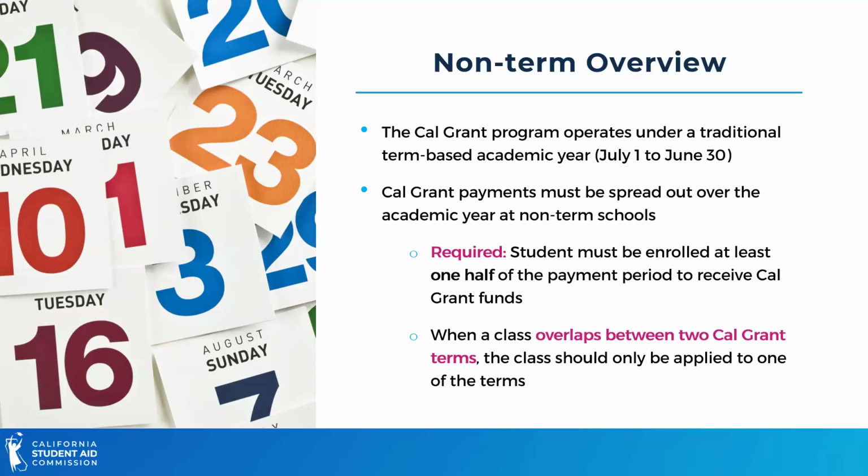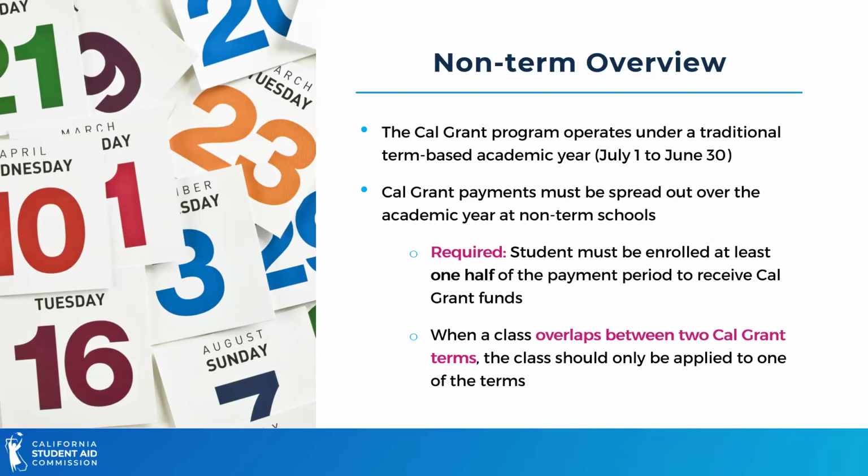requirements. So the thing about Cal Grant is this program operates under a traditional term-based academic year, which is from July 1st to June 30th. So that means that non-term schools must establish a Cal Grant payment period with predetermined start and end dates.